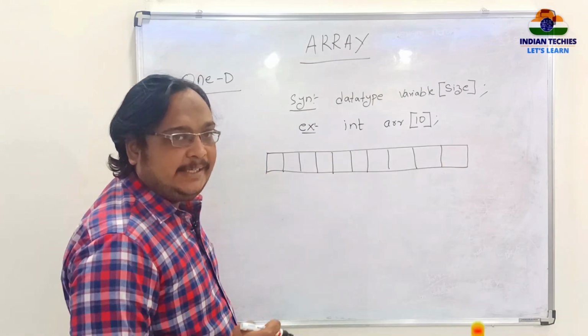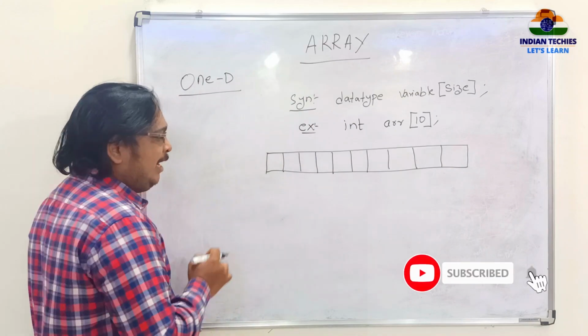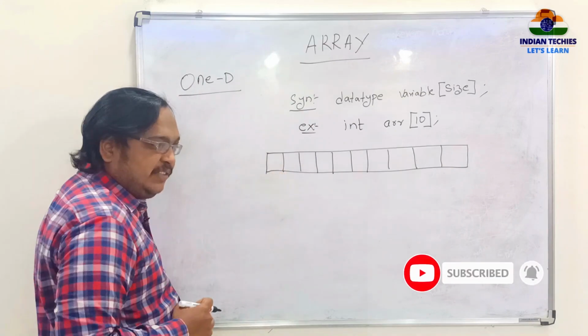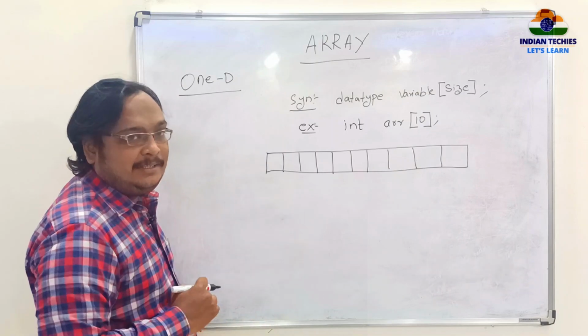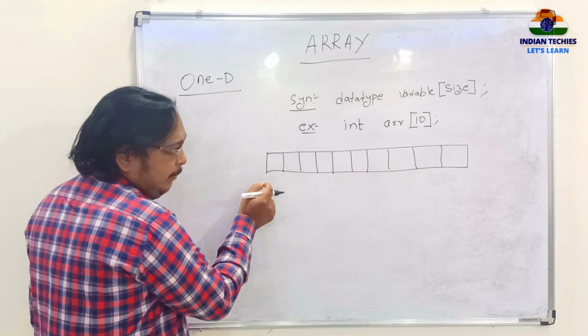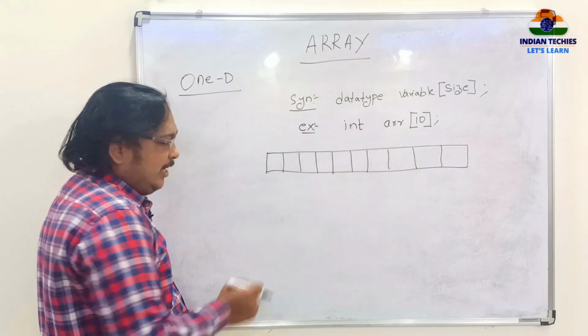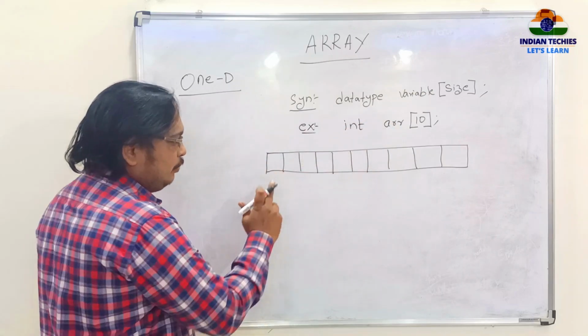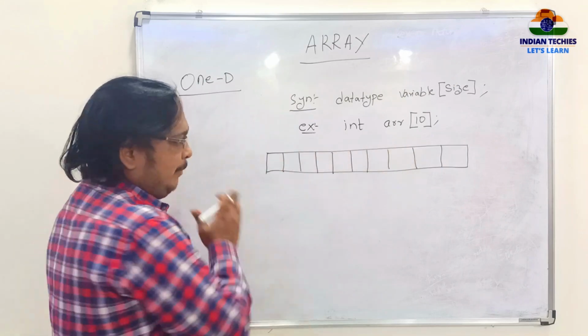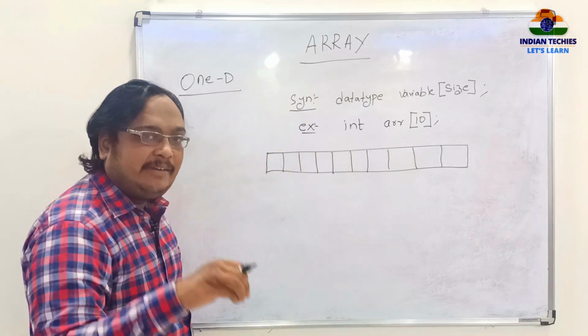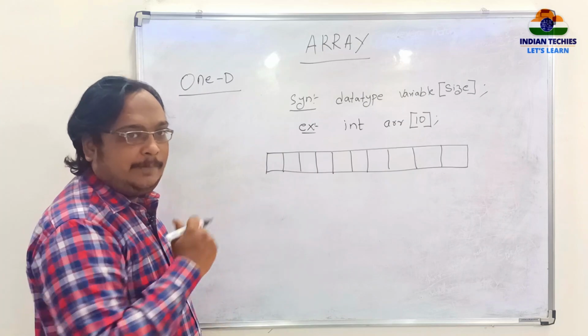If it is a character, each box can be considered as one byte. If it is a float, each box is considered as 4 bytes. If it is a double, each box is considered as 8 bytes. Now, I am talking about an integer array, so consider each box as 2 bytes. So 2 into 10, 20 bytes of memory has been allocated if memory is available. Otherwise, it will not be allocated.